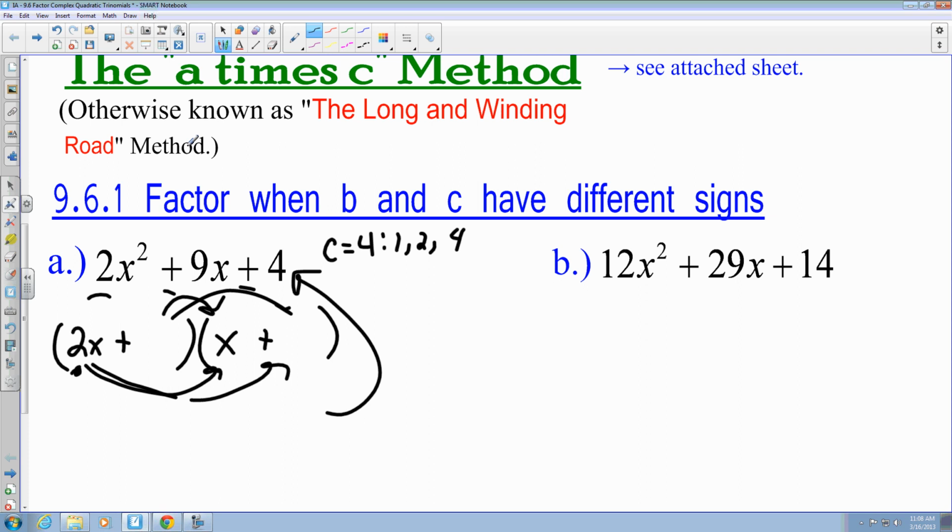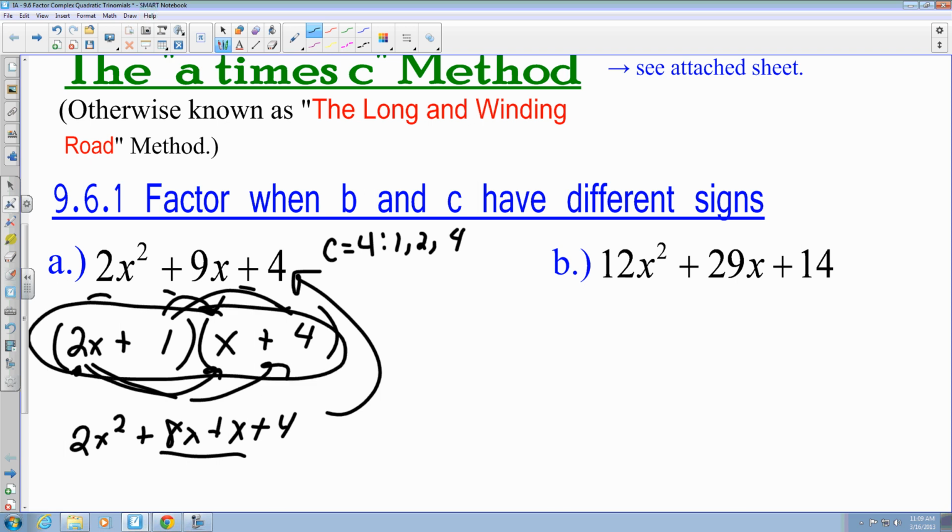Let's do 1 and 4. Now I'm going to go 2x squared plus 8x plus x plus 4, and that will give me 9x, because 8x plus x is 9x. So the answer here is 2x plus 1 times the quantity x plus 4.